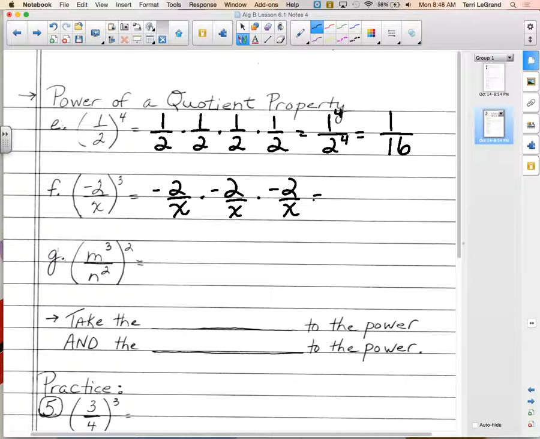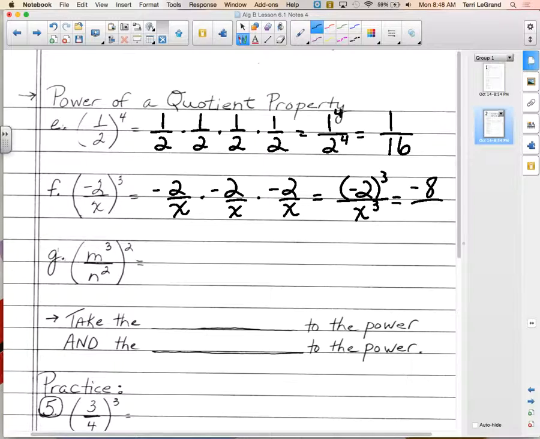Or in other words, we have -2 getting multiplied by itself 3 times, and we have x being multiplied by itself 3 times. So we have, remember when we have a negative number to a power, it must go in parentheses. So (-2) times itself is +4, times itself again is -8.